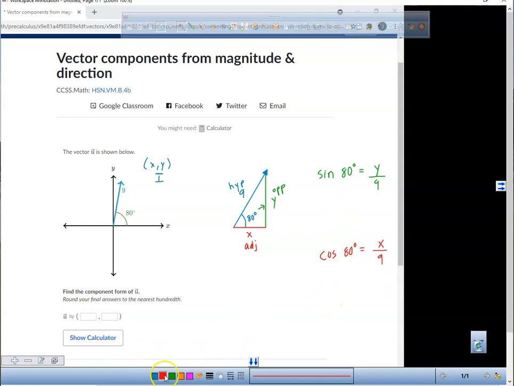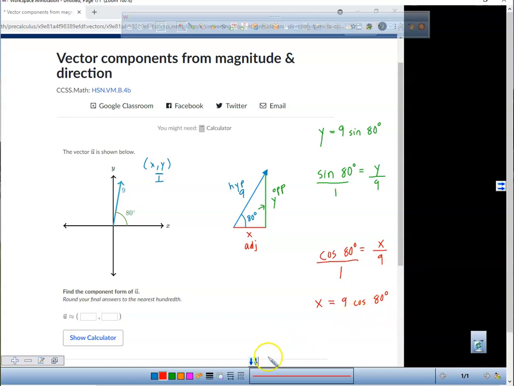If we cross multiply, if I put this over 1 and I put this over 1, what will my y value end up equaling? 9 times the sine of 80. What will the cosine end up equaling? x equals 9 cosine of 80.